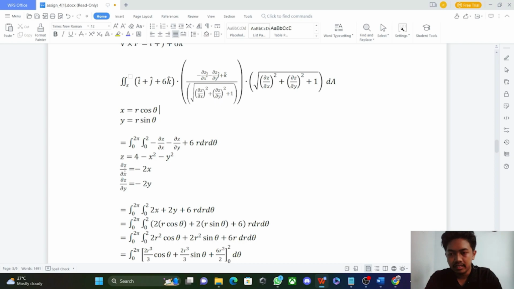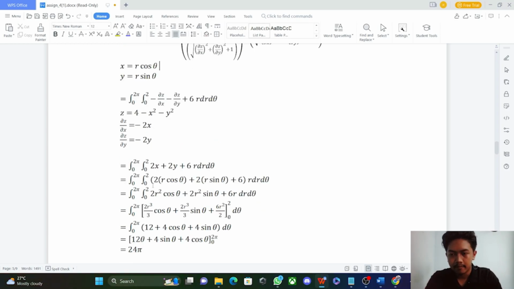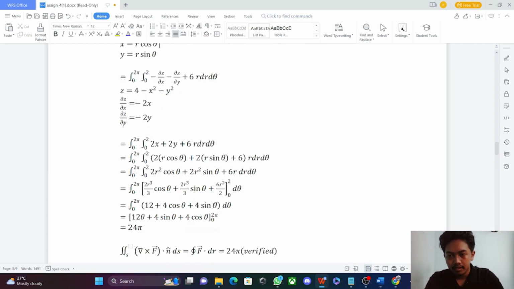As we know, dz over dx equals negative 2x and dz over dy equals negative 2y. So we put negative 2x and negative 2y into their respective places, and we got the integral from 0 to 2 pi, the integral from 0 to 2 of (2x plus 2y plus 6) r dr d theta.